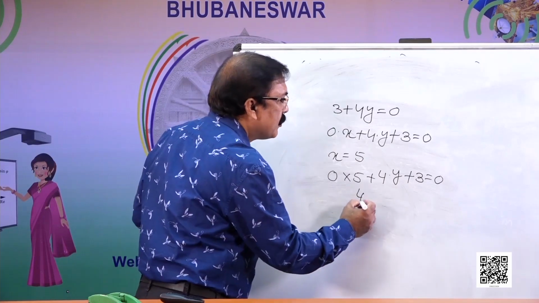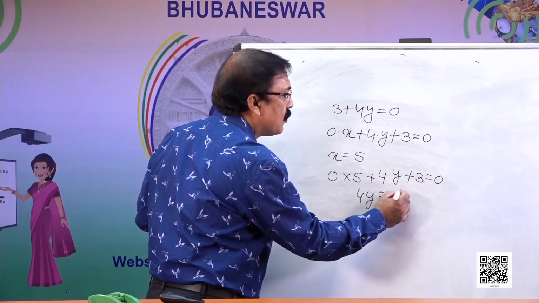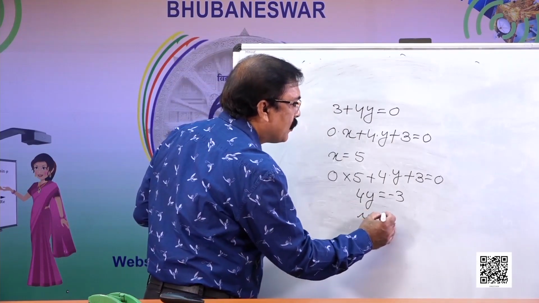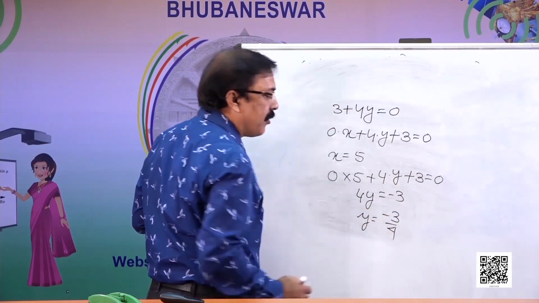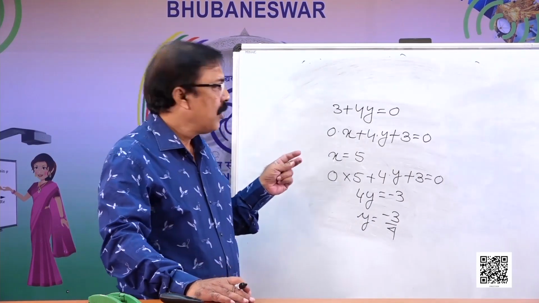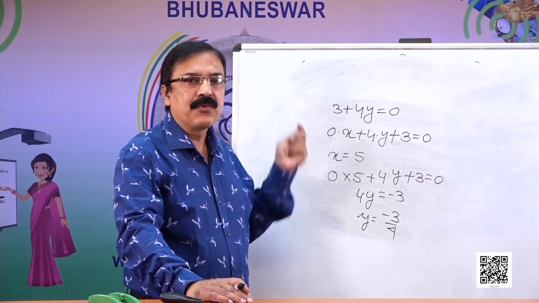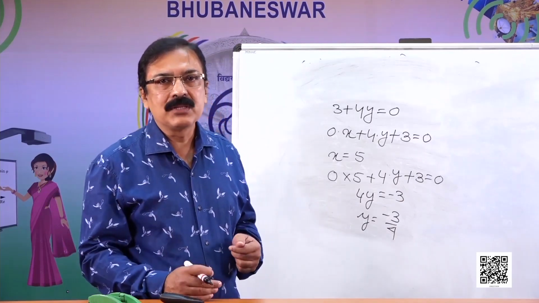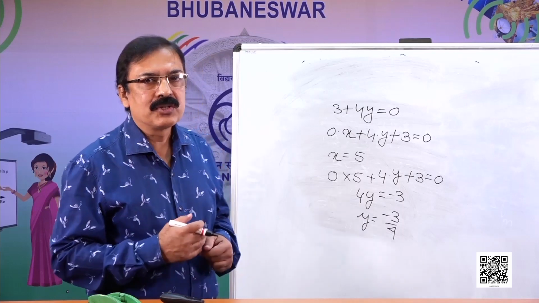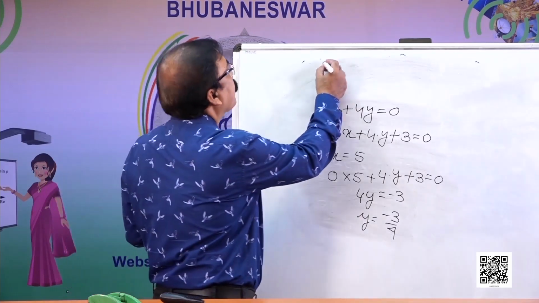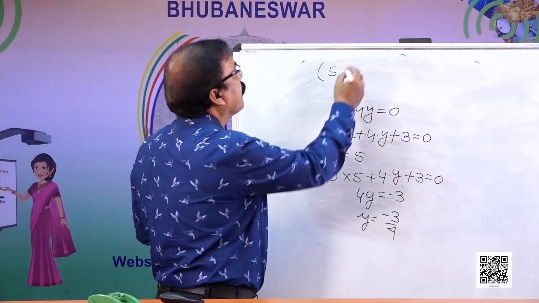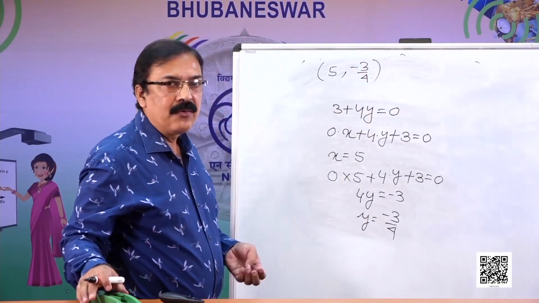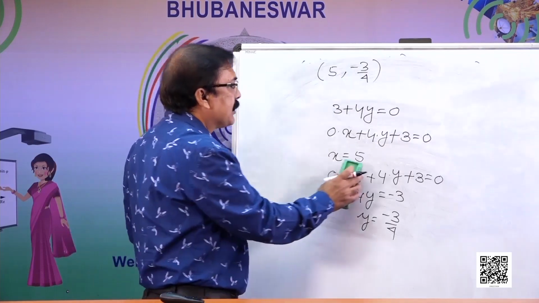This gives 4y is equal to minus 3 and y is equal to minus 3 by 4. So by expressing this equation as a linear equation in two variables, we also have a solution like this: 5, minus 3 by 4.